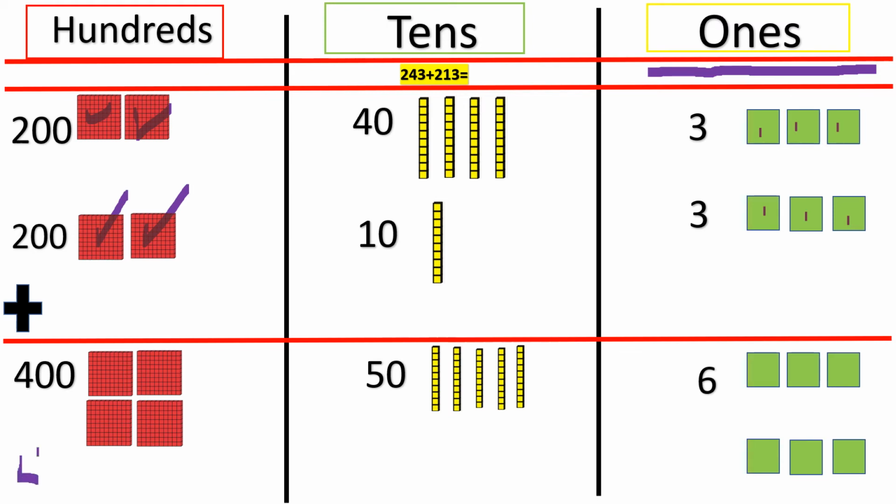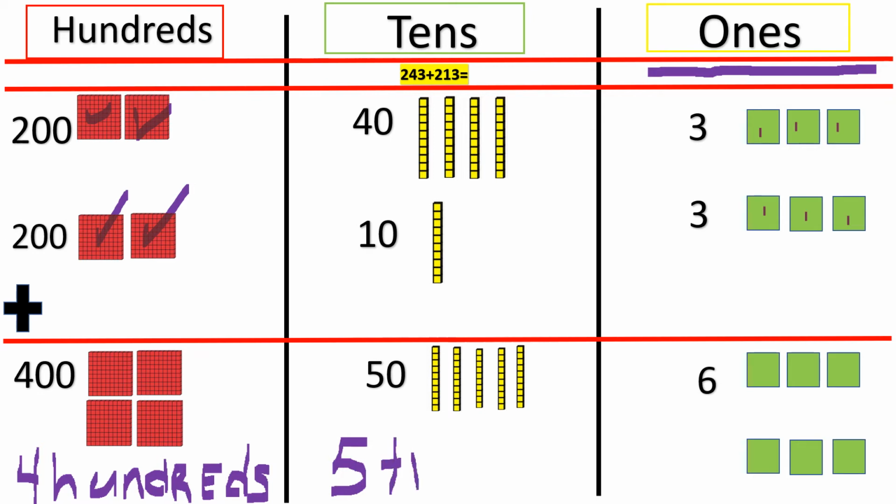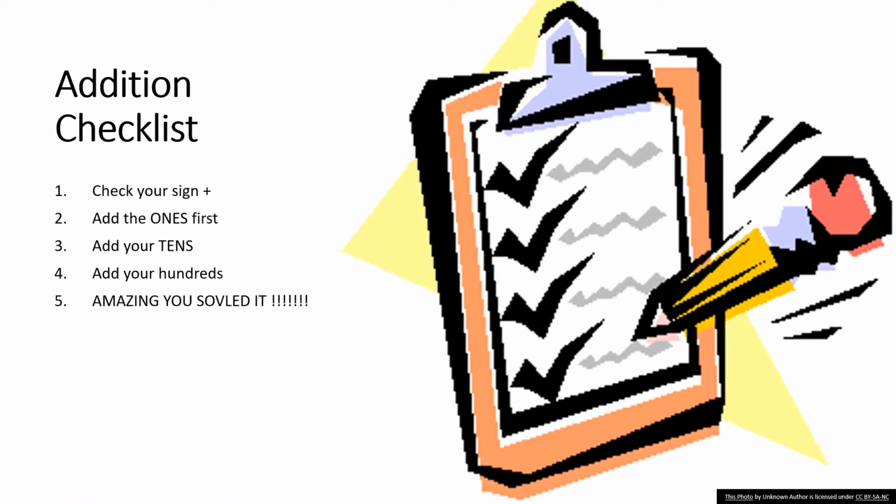So 4 hundreds, 5 tens, 6 ones. So remember, when you're adding, to check your addition checklist for your steps.